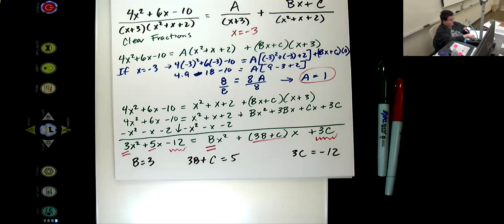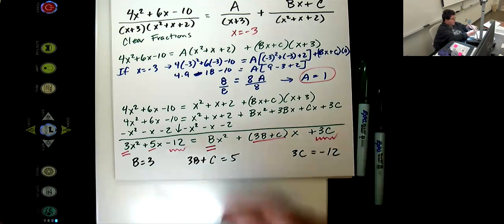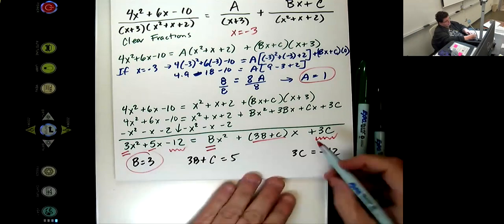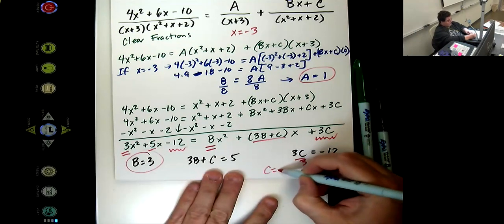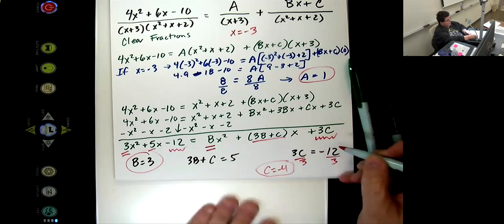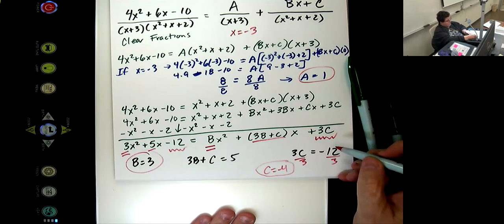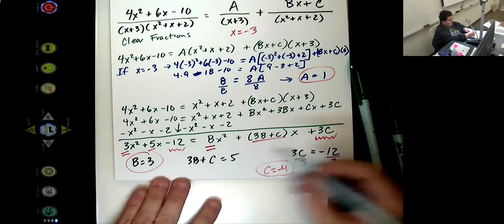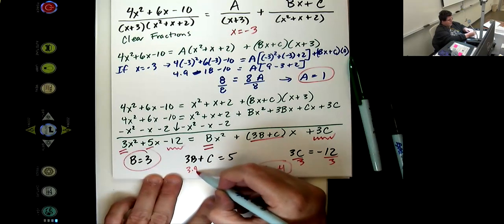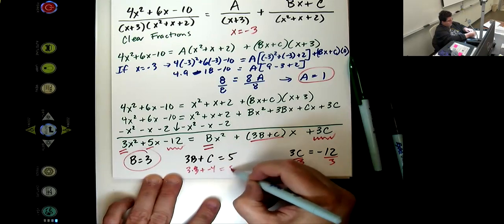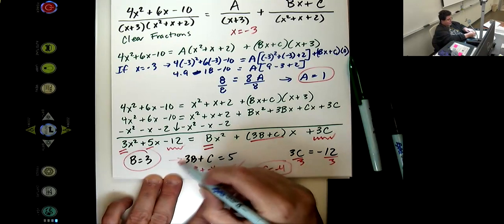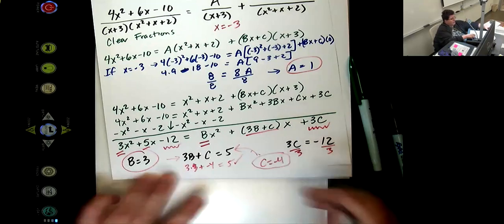So b equals 3 and c equals -4. Three times 3 plus -4 does equal 5. So those plugged into here confirm it.